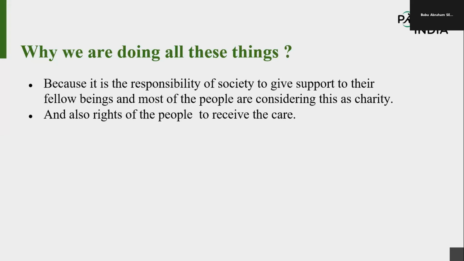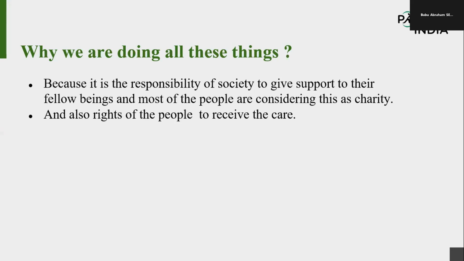Take the words social responsibility. If I am speaking to you as a teacher or as a social worker, there are many people involved in my mentoring, many people involved in my activities, especially my family members, my parents, my siblings, my teachers, and I have received a lot of support from my society.